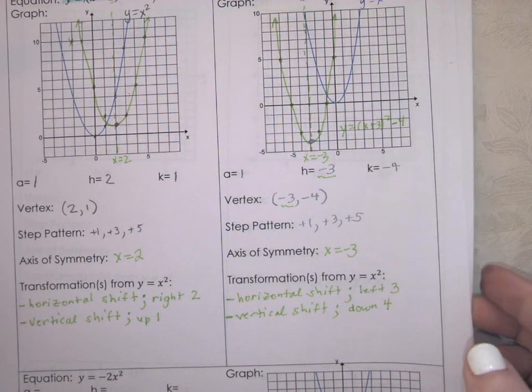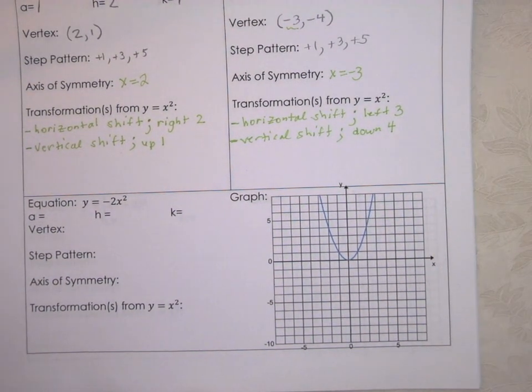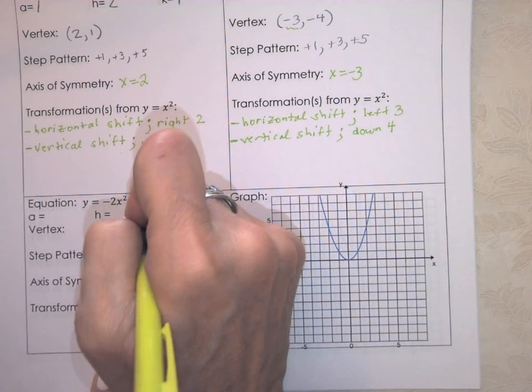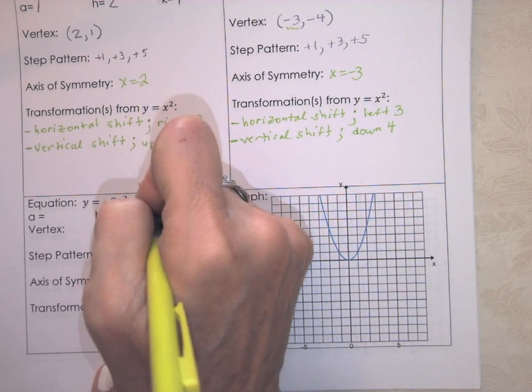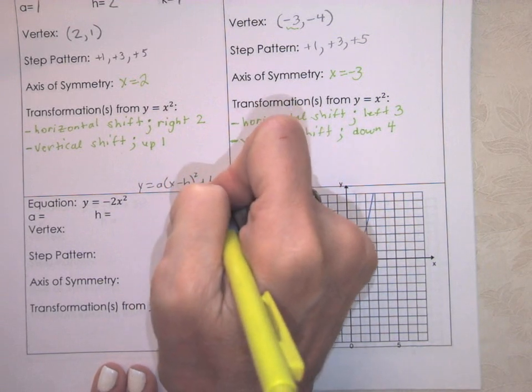All right, let's look at another one. So here's our equation, y equals -2x squared. And again, sometimes you look at it and you think that's not in vertex form, but it is. Like I could exaggerate it. Remember, we've got y equals a(x minus h) squared plus k.